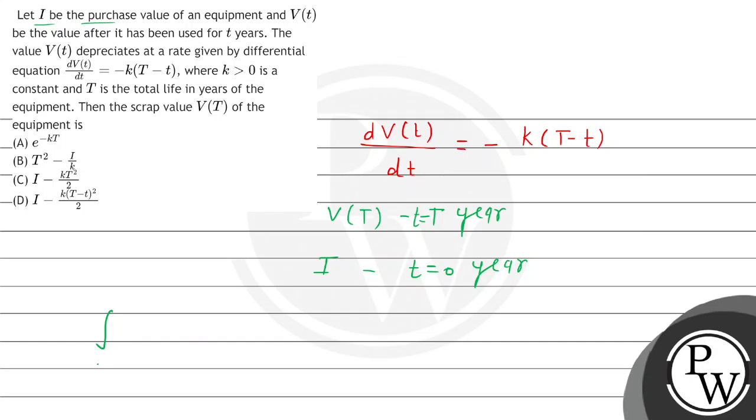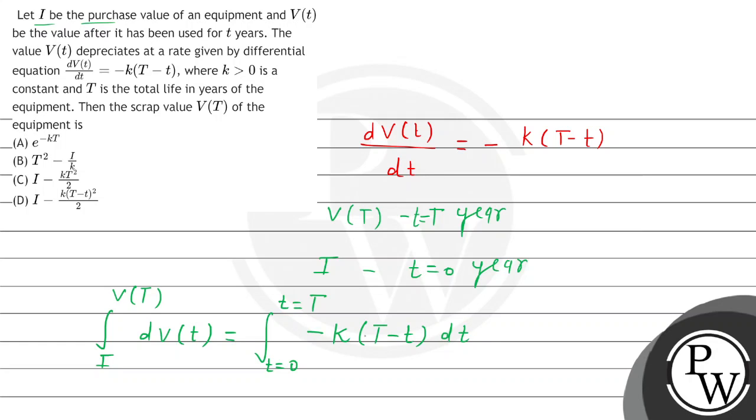Okay, so now we'll solve this. First we have to integrate. So it will be V of t, the value at time t, can be written from t equal to 0 to T, and we have minus k (T minus t) dt.